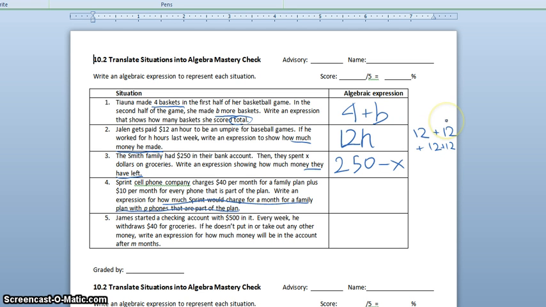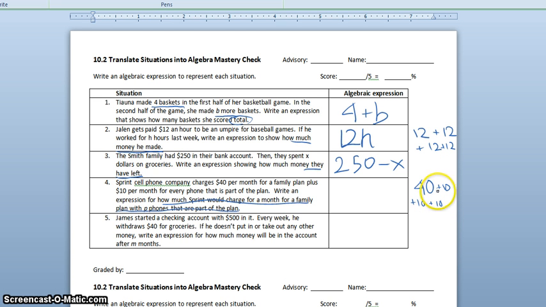It says it costs $40 per month. So we're going to start with 40, and then it costs plus $10 per month for every phone that is part of the plan. So if one phone is part of the plan, it'll be 40 plus 10. But if another phone is part of the plan, it'll be another plus 10. If there's a third phone, it'll be another plus 10.